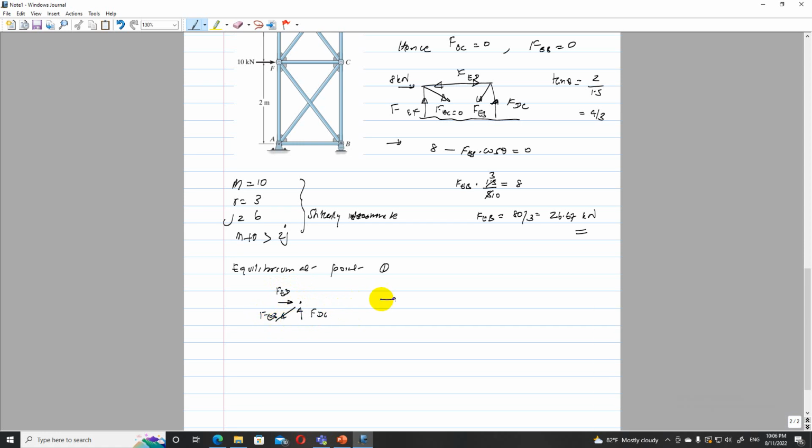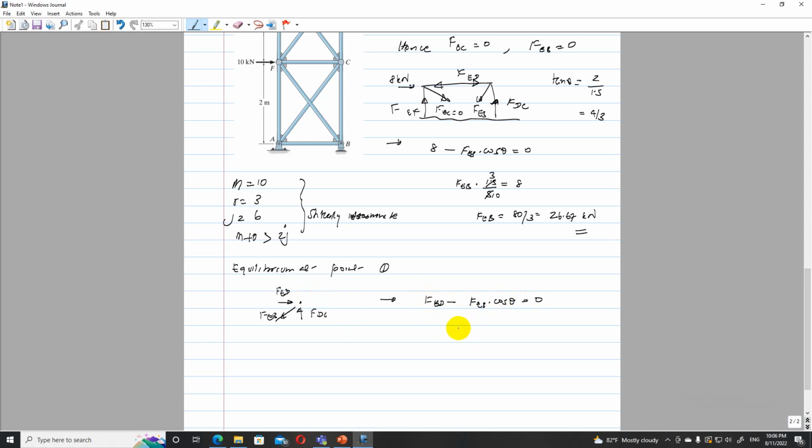So if I balance horizontally, FED minus FEB cos theta is 0. There's no other external force acting at this point.